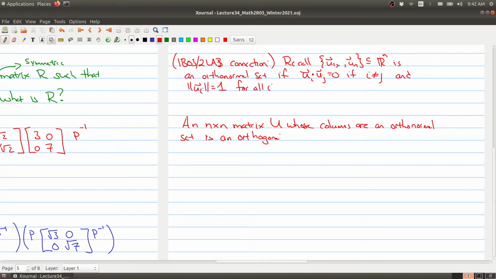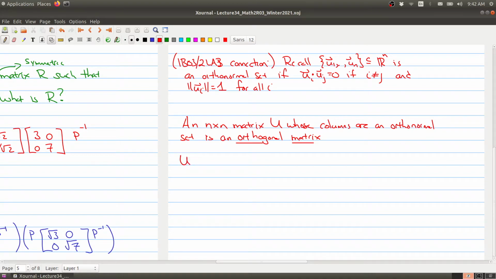an orthogonal matrix. Now, to be honest, I think this is a poor choice of definition because you would expect an orthogonal matrix to have columns that are orthogonal, but we're actually imposing an extra condition that the columns form an orthonormal set.